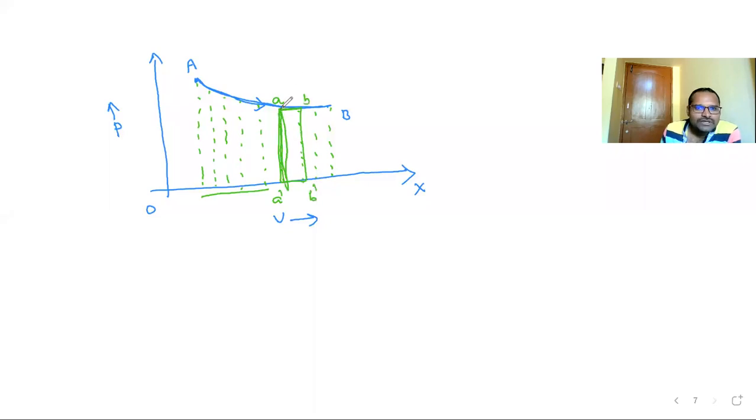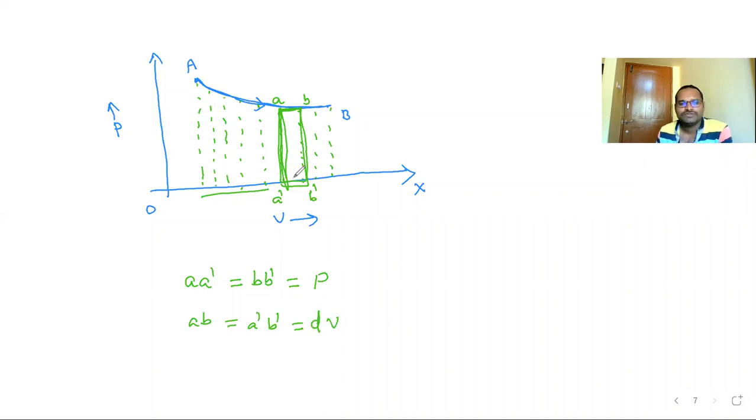For this strip, A dash B dash we can take as the pressure due to the gas, and AB is nothing but A dash B dash, the change in volume from A dash to B dash. Then the small amount of work done can be given as the area under this curve. Clear?